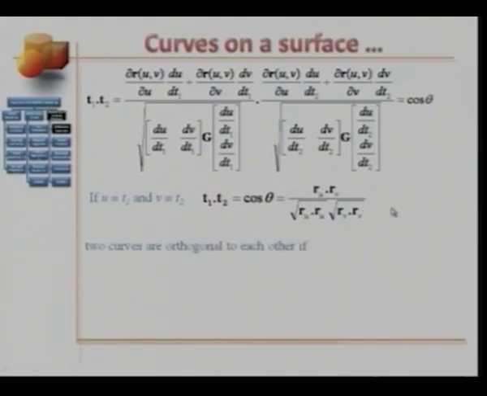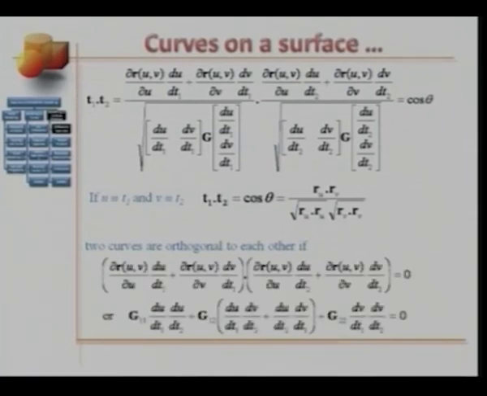And of course, two curves are orthogonal or perpendicular to each other if the cosine of the angle between them at the intersection point is 0. That is, if this dot product is 0.